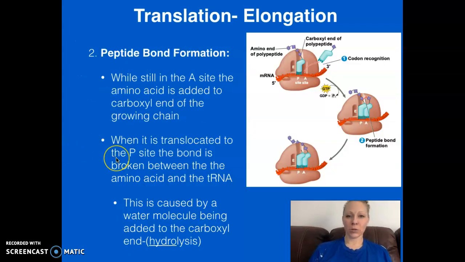So now we're at step 2 of elongation. This is where we form our peptide bond with our growing strand here. We're adding to the carboxyl end. While the tRNA was in the A site, the amino acid was added to the carboxyl end.